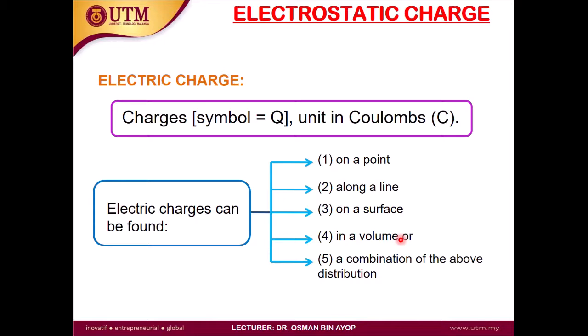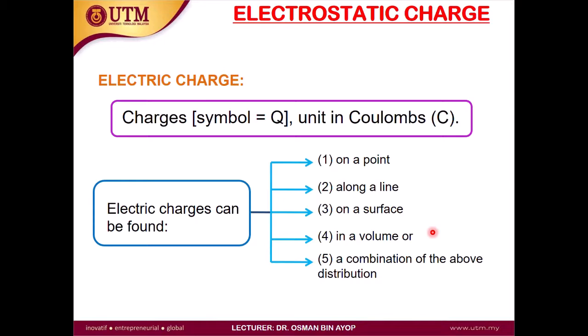For example, I have a ball or sphere, and the charge is only accumulated on the surface of the sphere. So we call it a surface charge. And then in a volume, let's say I have a cylinder and the cylinder is full of charge, so we call it a volume charge, or a combination of the above distributions.